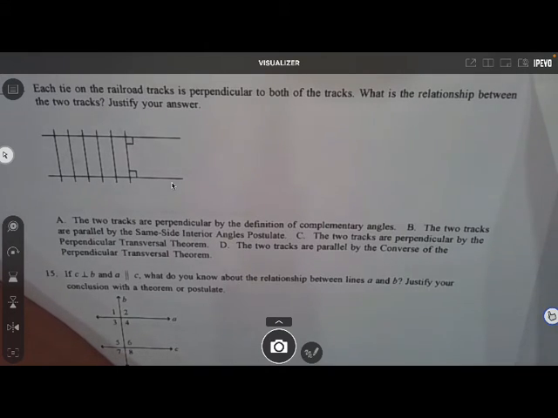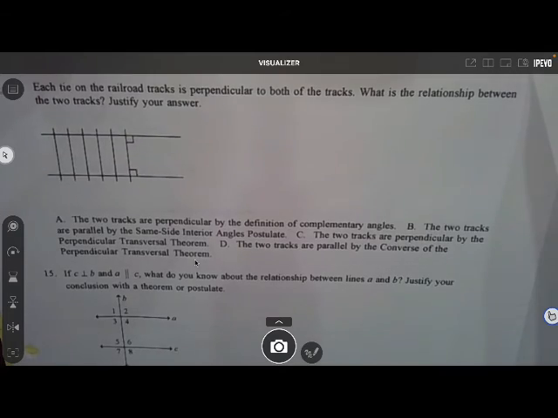They are parallel. So we're looking for the two tracks are parallel. It could be B or it could be D. So let's see what the answer choices are. Same side interior angles, no. It's something about being perpendicular. The two tracks are parallel by the perpendicular transversal theorem. So that's D. 15 is easy. And we've seen that one several times. I think that's our third time to see that exact same problem.